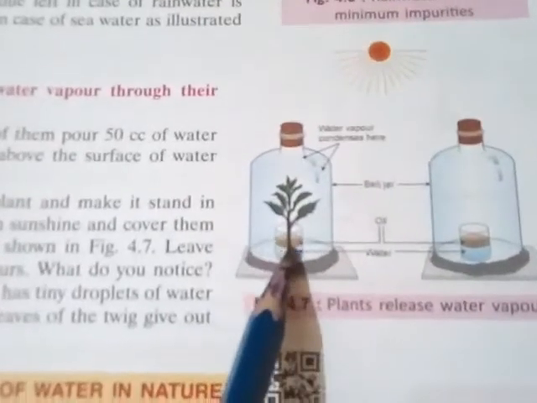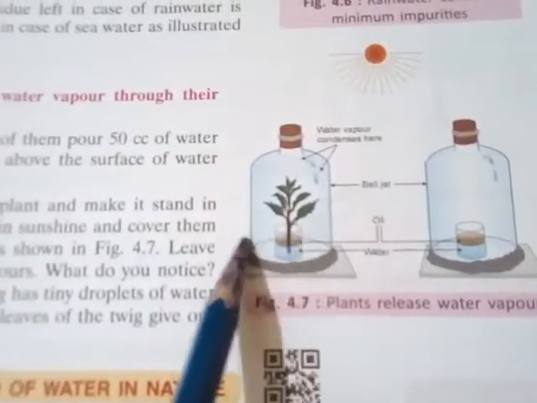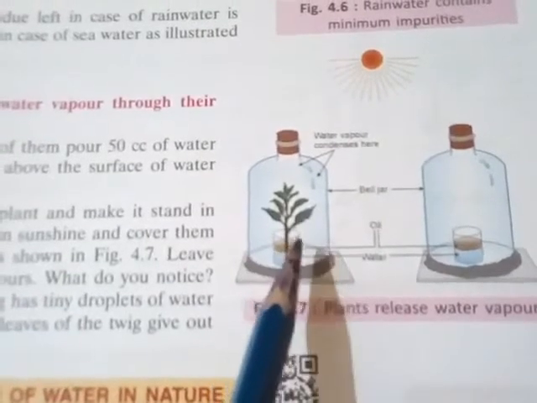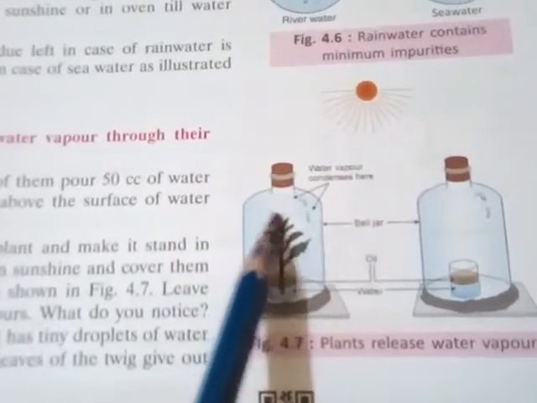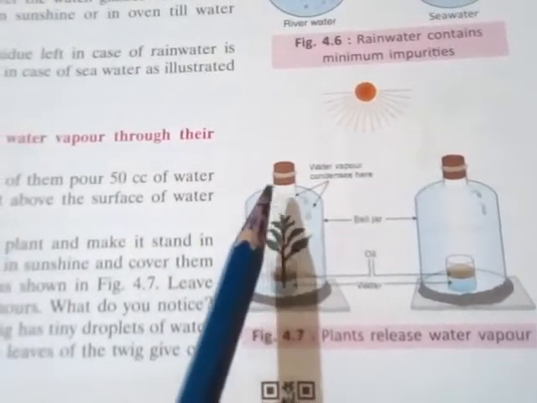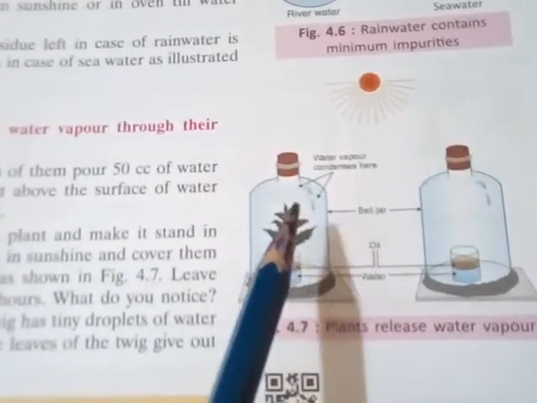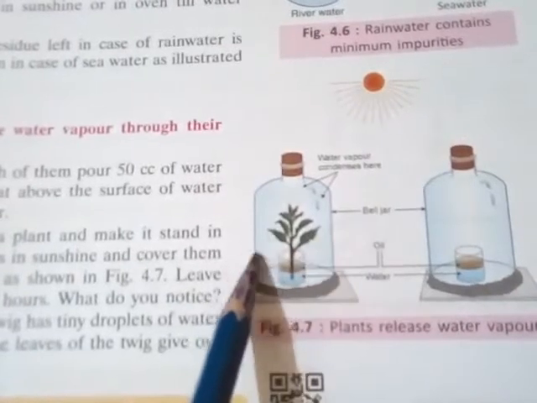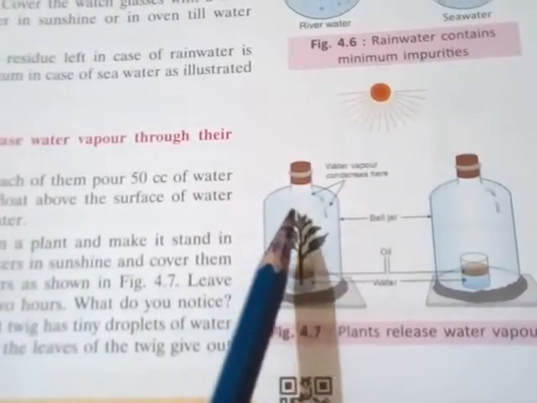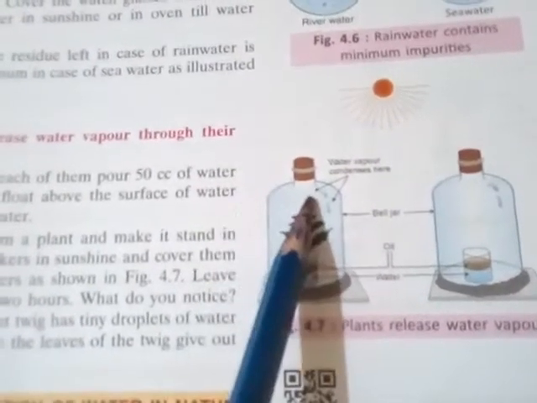But in this case, whenever this twig is present in this oil water, some portion of condensed water is present. That means the root of this twig absorbs some water, and after that this water is evaporated towards the above surface of this bell jar.